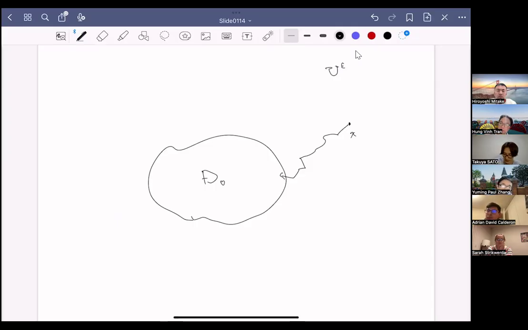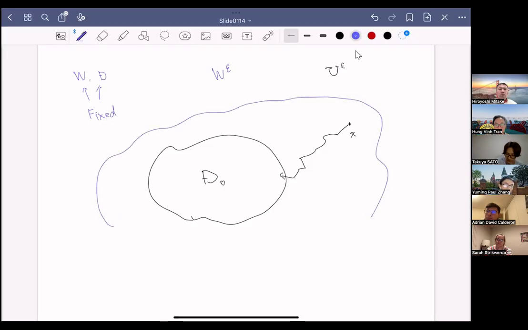But this blue one is the game W epsilon, and in the setting of our proof of a comparison principle, the W and the D, these two data are arbitrarily fixed, and then we start our proof. So there is some arbitrarily fixed domain D.